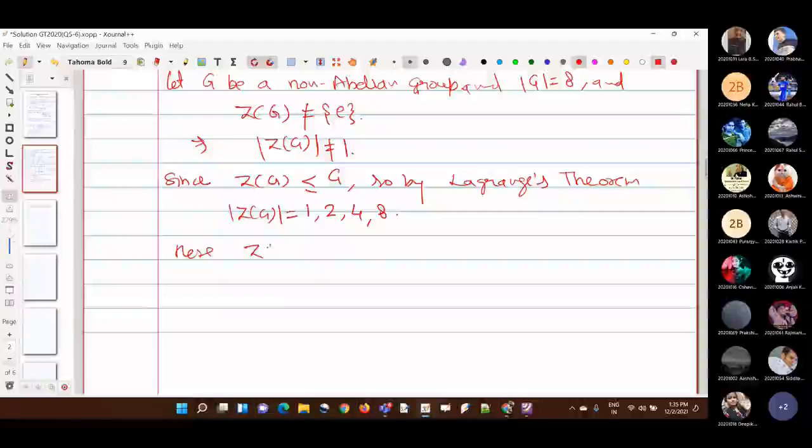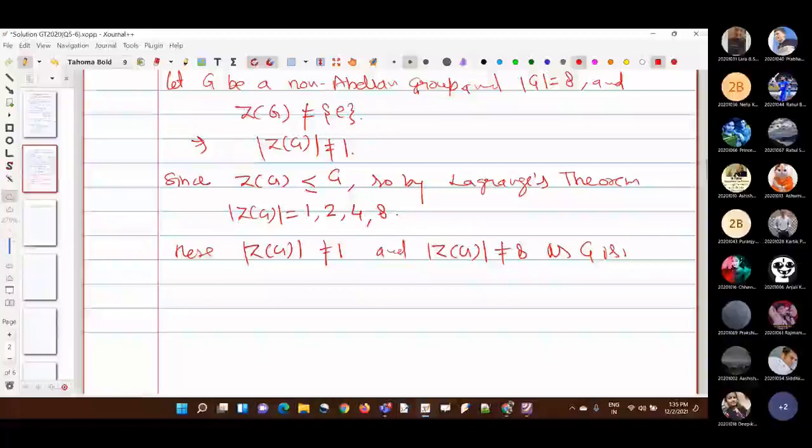Here, the order of Z(G) cannot be 1 because Z(G) is not the identity. And the order of Z(G) is not equal to 8 as G is non-abelian.